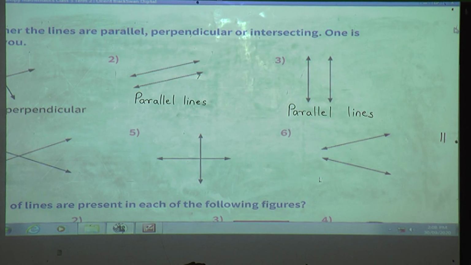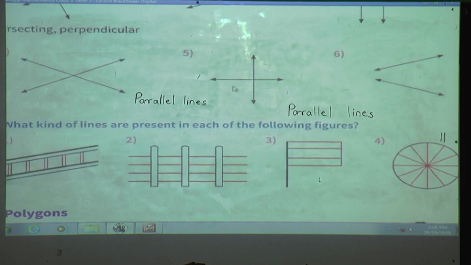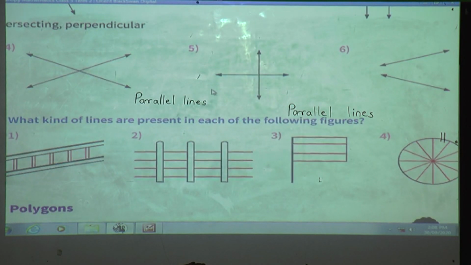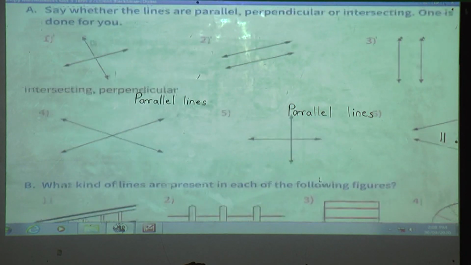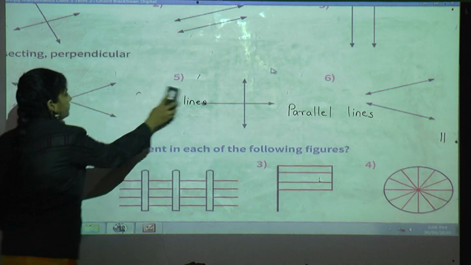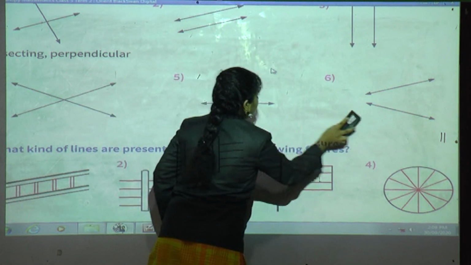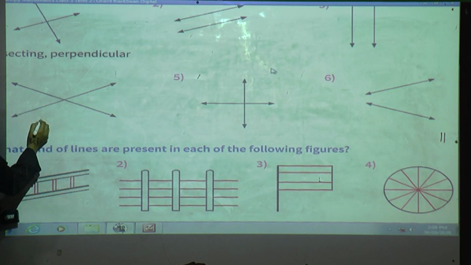Now fourth one. Yes students, give me the answer. They are intersecting lines.